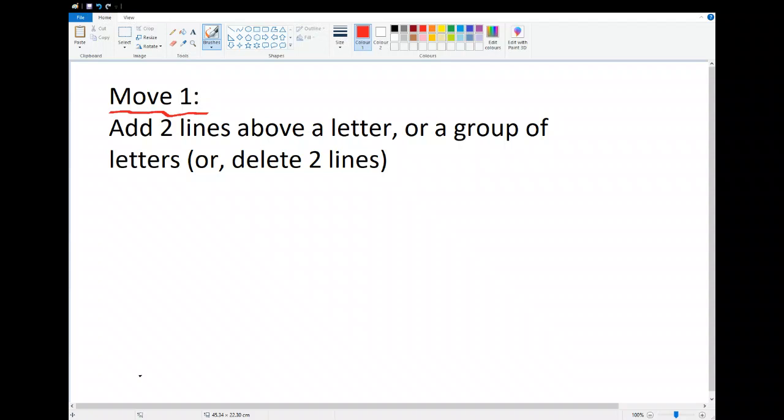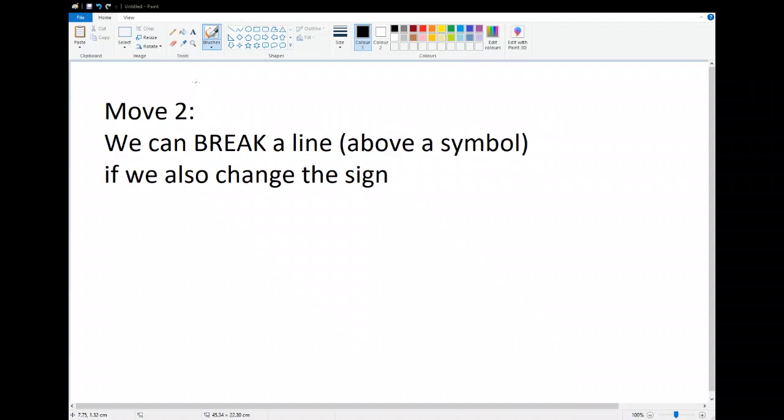Let's look at the second. So the second move in this game is that we can also break a line, where we can break it at the point above the symbol if we also change the sign. So we can break a line if we change the sign. Remember earlier we had a NAND gate, A NAND B. There's the symbol for it, A NAND B. And what we can do with that is, I'm just going to copy it across.